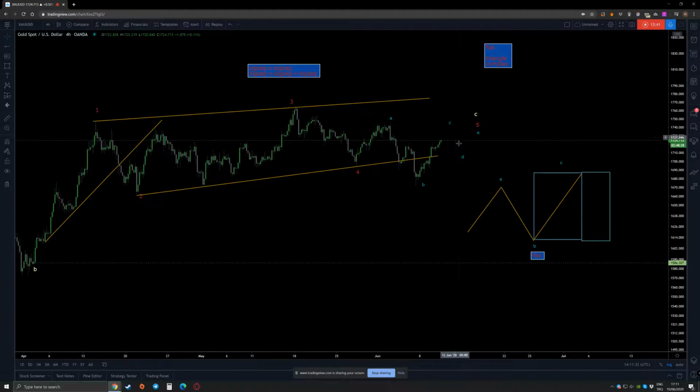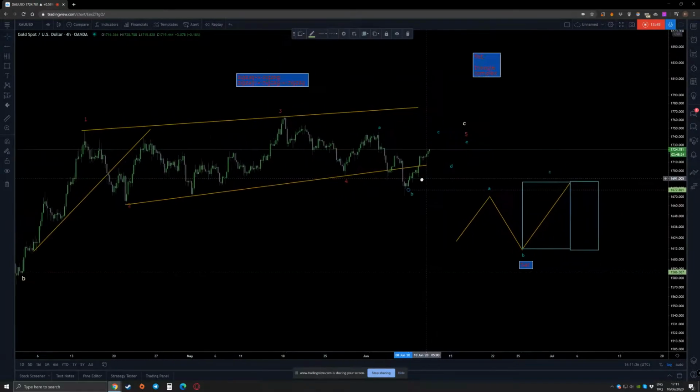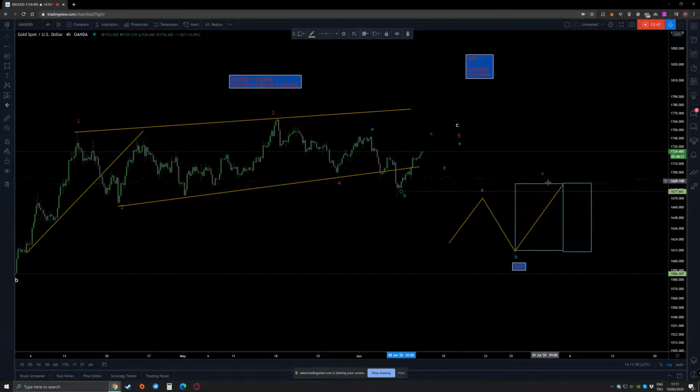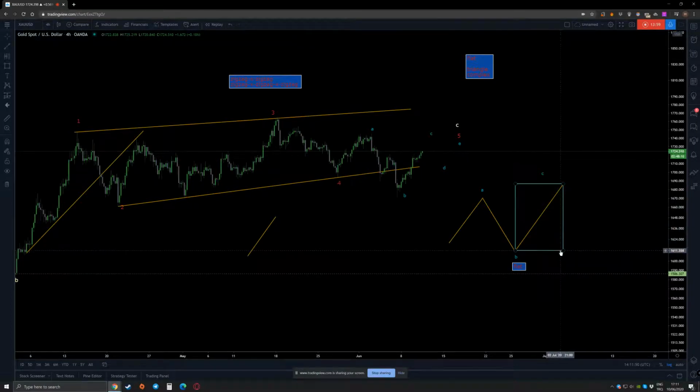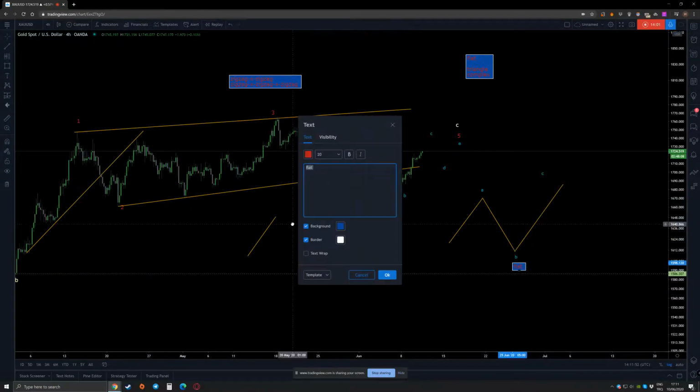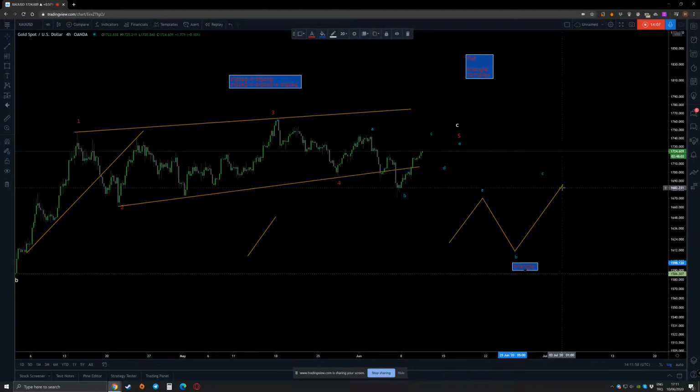Now, if I see a type of triangle, and let's say that wave D is here, just as an example, let me draw it here. So let's say that we have a triangle, which is actually a more likely scenario to happen, if you ask me. So let's say that we have a triangle like this.